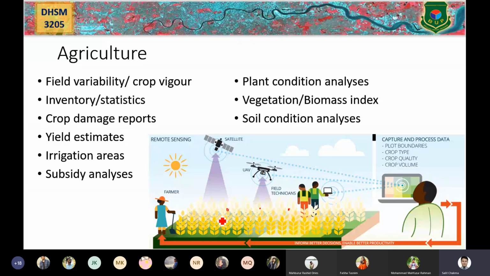So the satellite has collected the information on vegetation health throughout the entire field. So you bring in the information that was derived from the satellite, and also you bring in the field data.